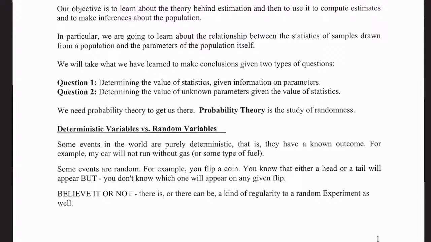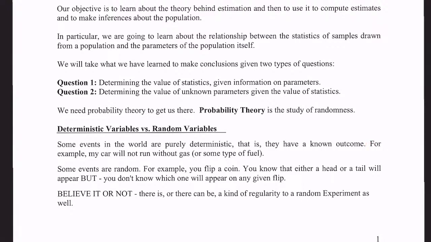So first, I did spend some time working in the overview with your intuition, and I want to do that a little bit more. What I want to talk about are random events. That's different from deterministic events, events where you know their outcome.